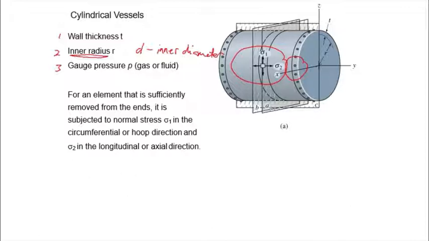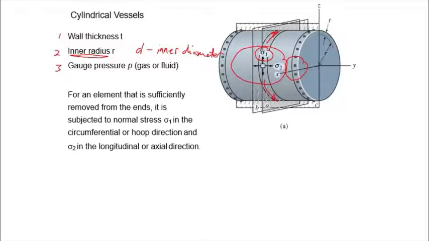And then if we take an element, we'll find that we have two normal stresses: in the longitudinal direction or lengthwise, which is sigma 2, as we will show you, and in the circumferential or hoop direction, which is sigma 1. So it's in that direction, and it goes around the cylinder.